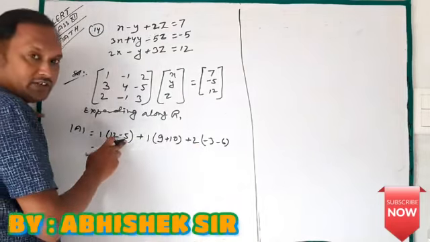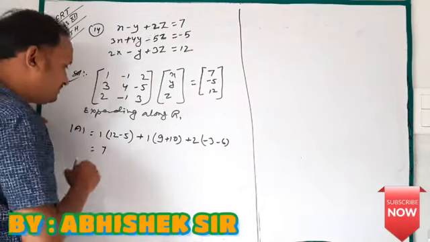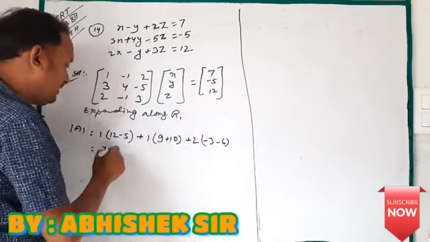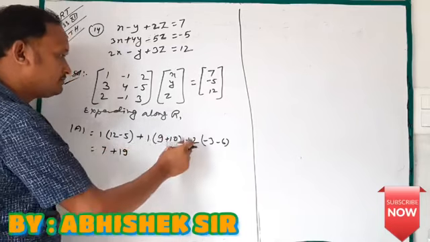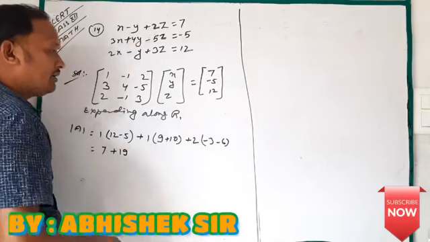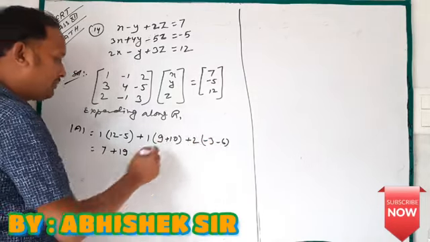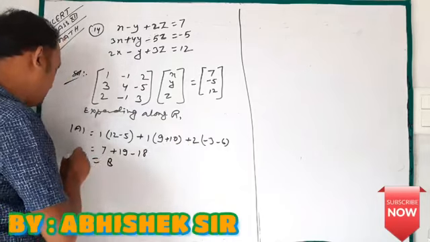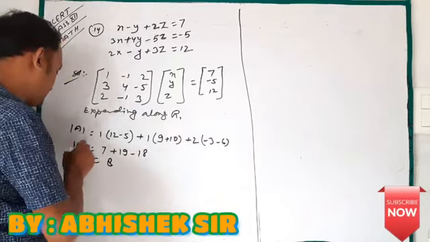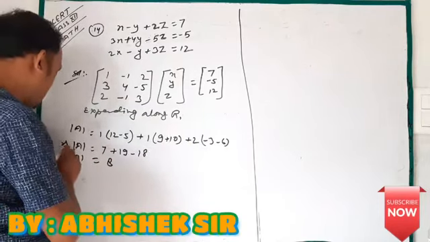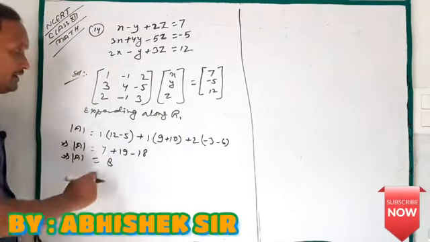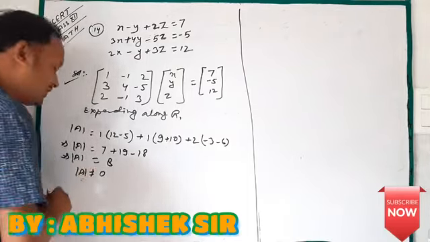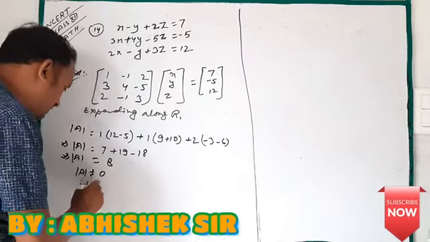This is 12 minus 5 is equal to 7, 7 1 is 7, 19, minus 9 is 8. So what is our determinant, student? Our determinant is 8. Determinant of A is not equal to 0. This means A inverse exists.